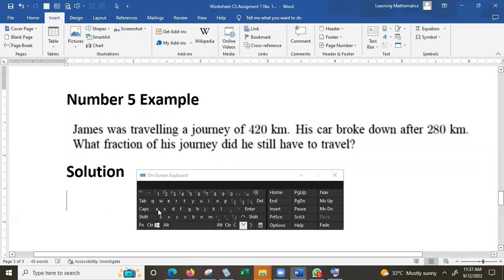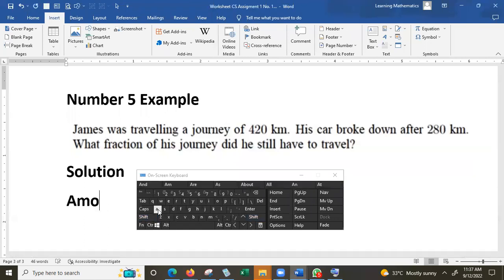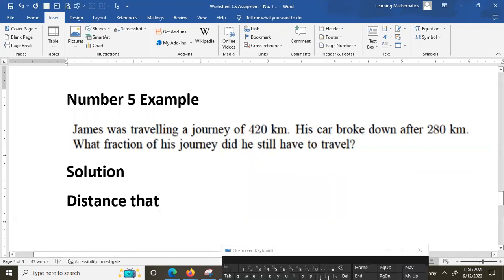We have to calculate the distance that he still has to travel.